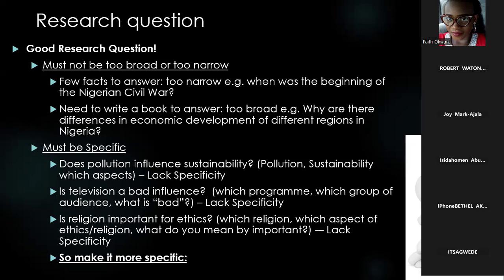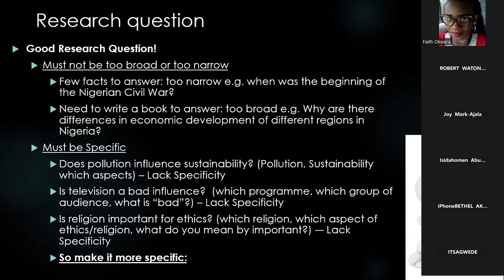Go ahead. Although this one is complex, but let me try. How does air pollution in industrial areas influence health sustainability in children? Instead of saying health sustainability, we can talk about children's health.